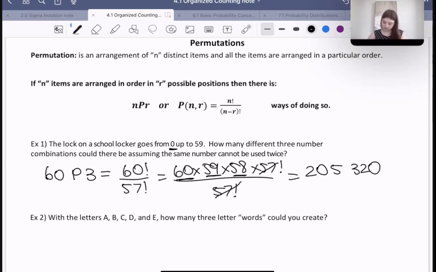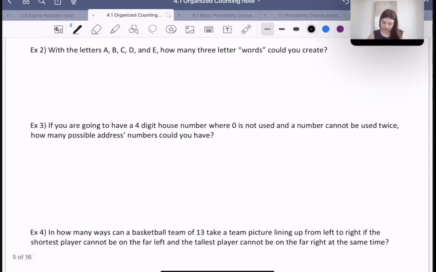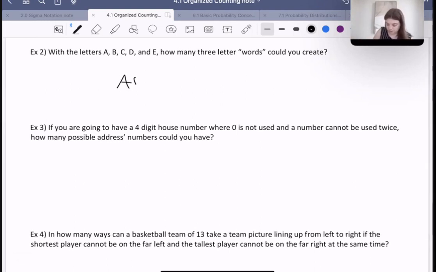Let's do another example. Example 2 asks, with the letters A, B, C, D, and E, how many three-letter words could you create? So the reason words is in quotations is because it doesn't actually have to be real words. They're just saying any form of three letters in any order. So I could say, oh, well, A, D, E is a word, even though I don't think that's a real word.